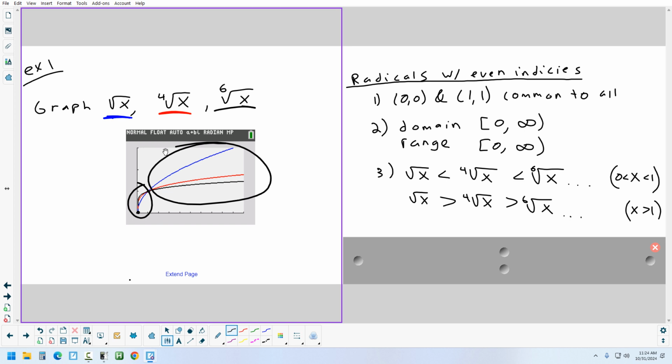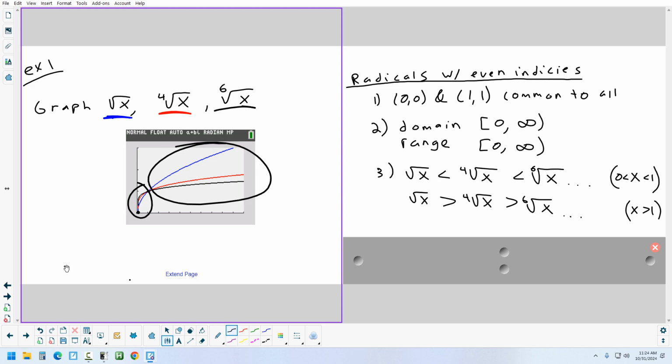So I'm just trying to point out the pattern of when the index indicates to you which one is on top of the other, and then when the index kind of tells you it's backwards. Okay. Any question on how we describe that here? Okay, so that's even roots.